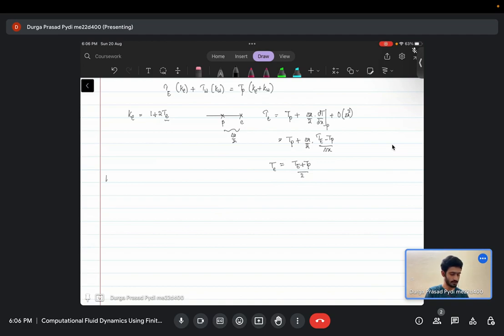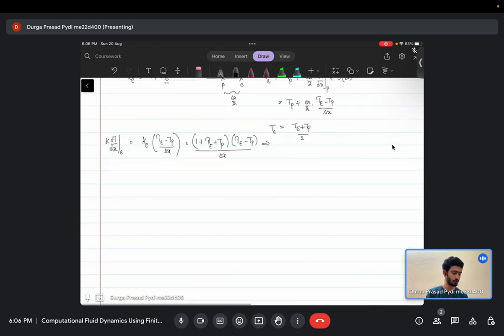The term k dT/dx on the east phase is essentially ke times Te minus Tp by delta x, where your ke is again 1 plus 2 times (Te plus Tp) over delta x. So now you see the nice form we were obtaining.